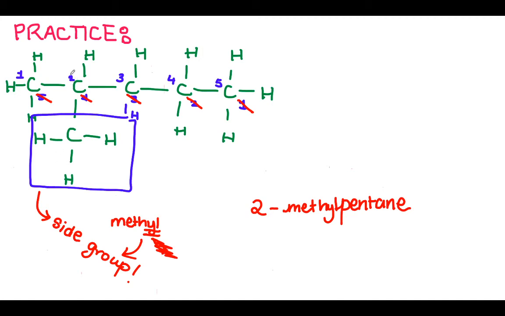And I want to number it so that it has the lowest number. In whatever possible numbering I give, I want it to be attached to the lowest possible number. In this case, that was 2. Whenever I have a number in my organic naming, I want to separate the number and the word with a dash. This is a hyphen, right? And I always want to include that anytime there is a number before or after a name.